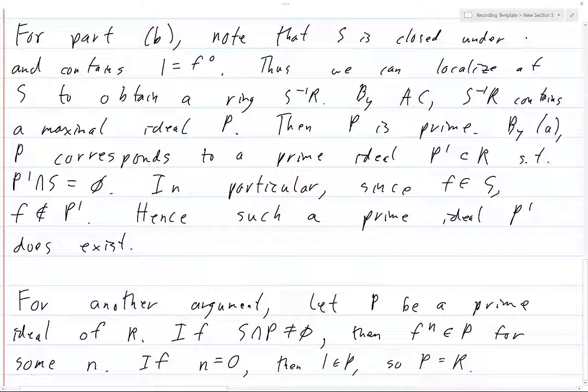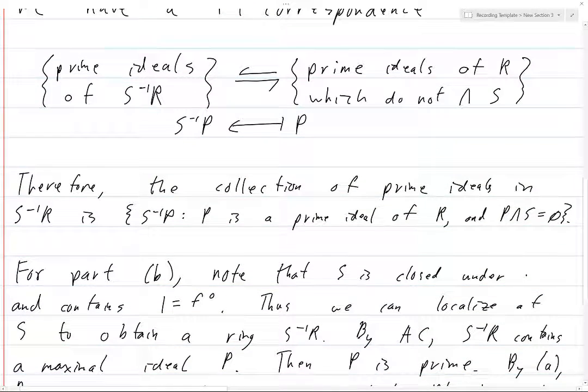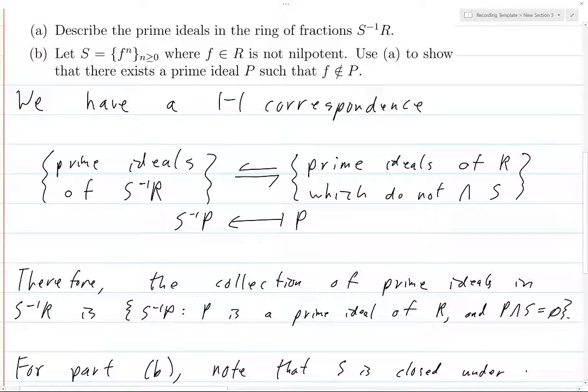So then we do have a prime ideal which contains... is that what we want? Sorry, I have to look back up. There exists a prime ideal which does not contain F.